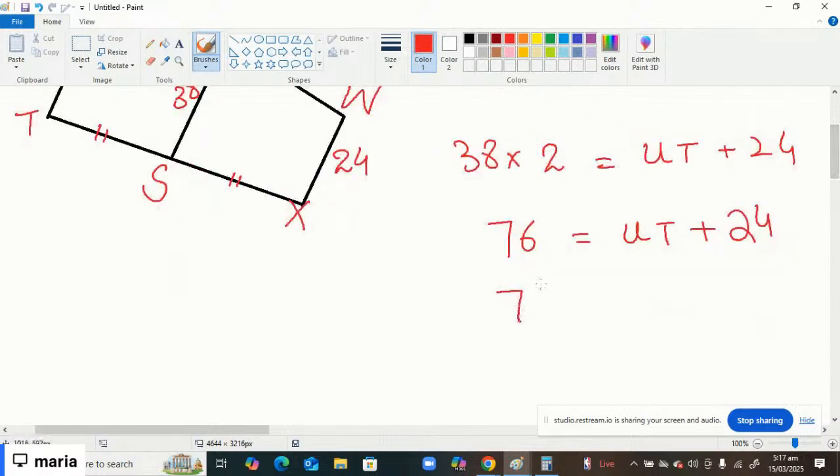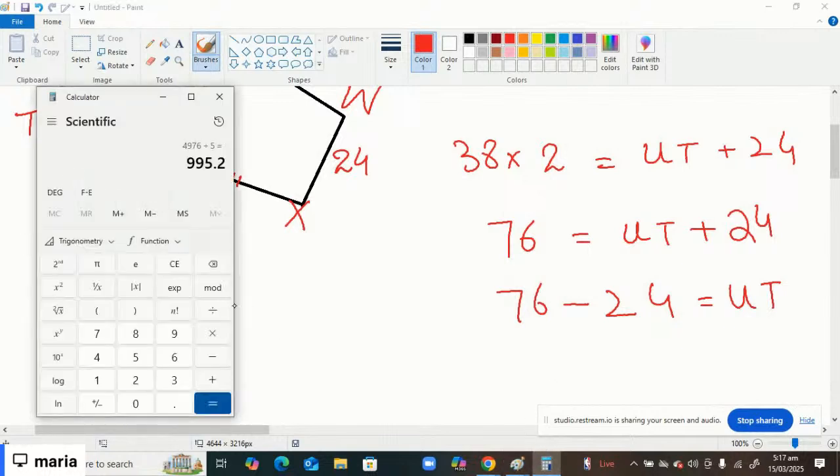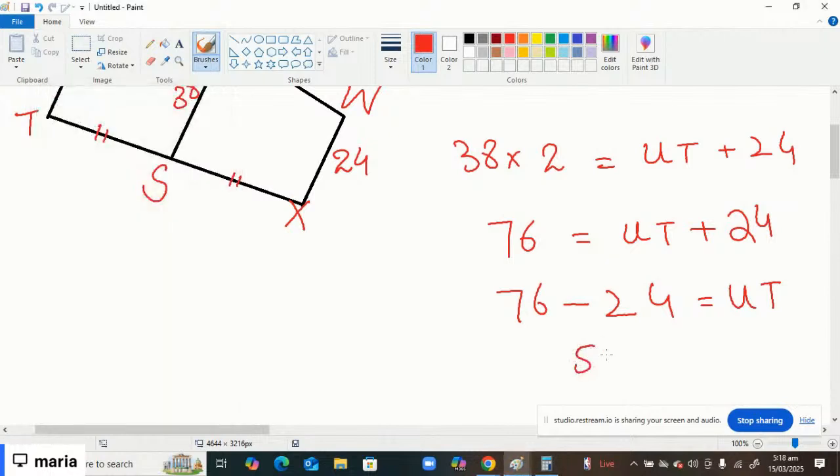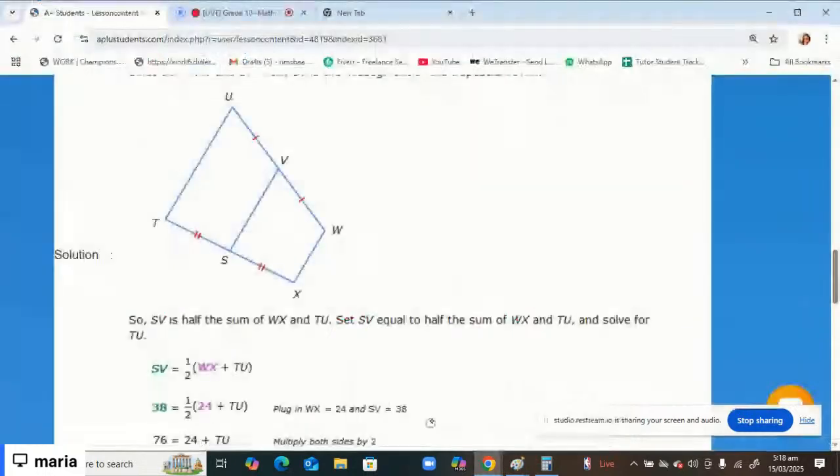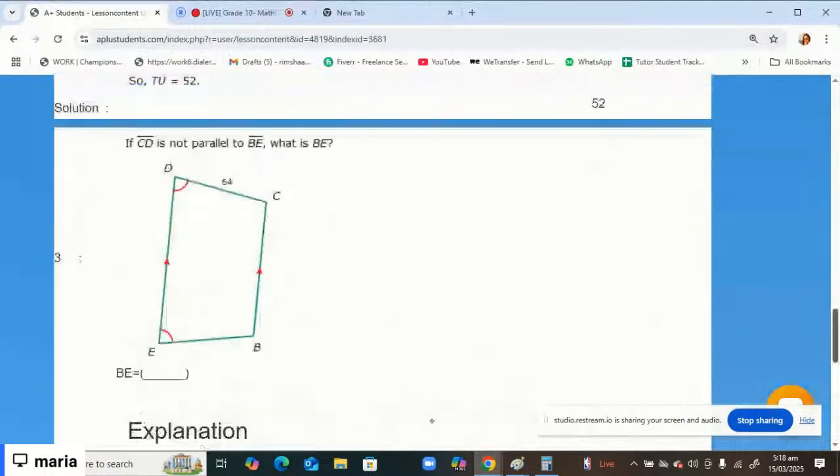Now subtracting, because we move 24 to the other side, 76 minus 24 is 52. So your UT is 52. We can see this one is 52, this is 38, this is 24. This is the way you find it. If two lengths are given, then find the other length by using this method.